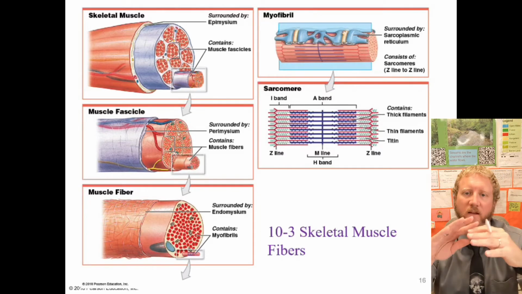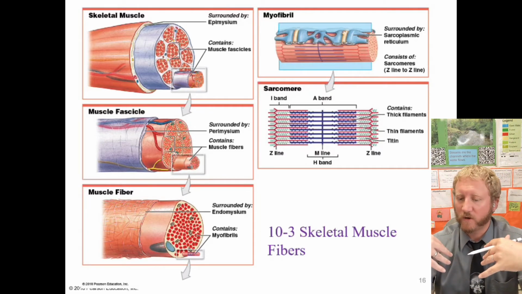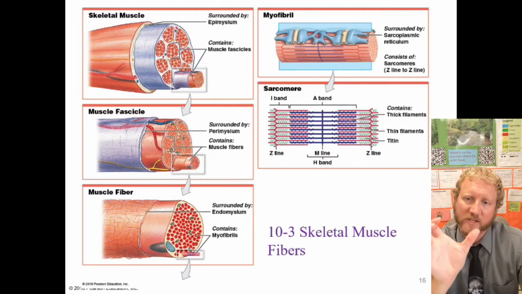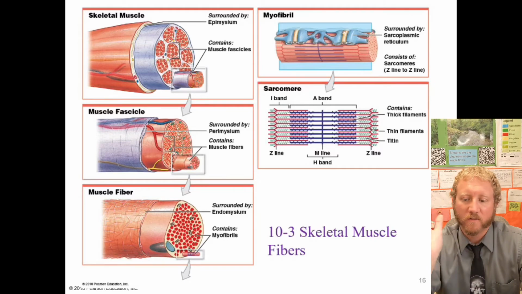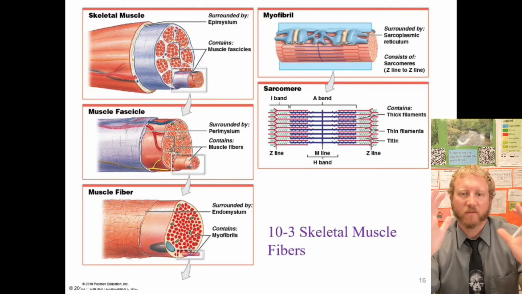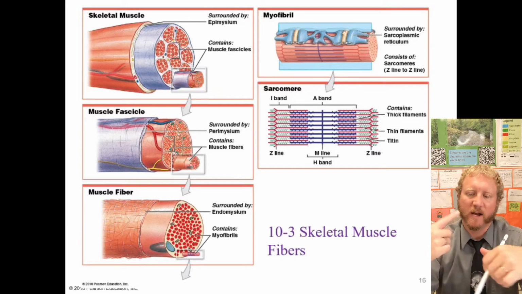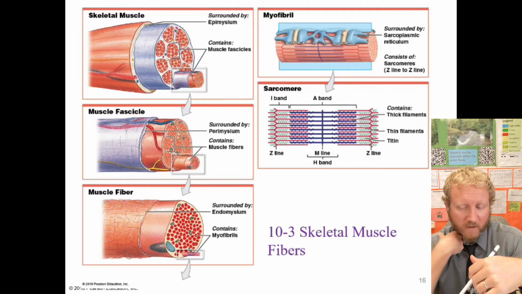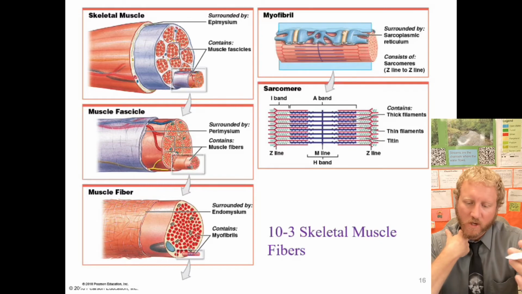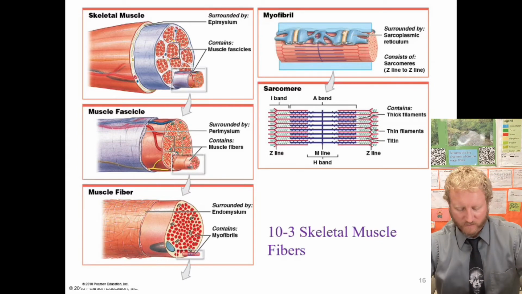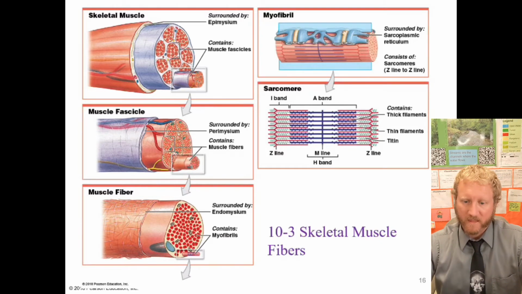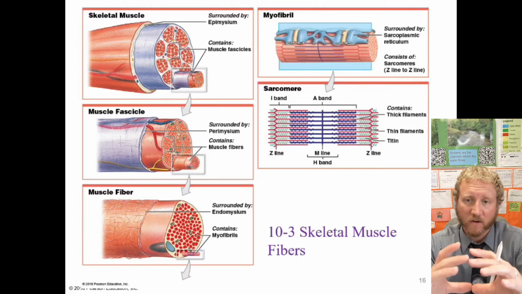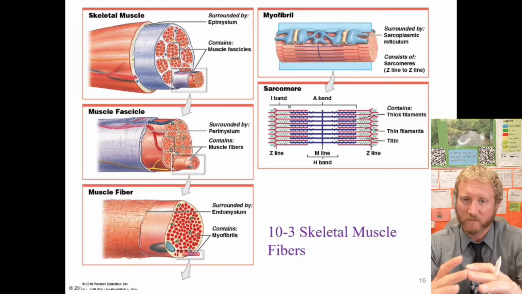This is kind of a recap of what I was talking about. You have your sarcomere, which is a section of your myofibril. You put a bunch of sarcomeres stacked together, you wrap them by a sarcoplasmic reticulum, and that is your myofibril. You get a bunch of myofibrils together, surrounded by the endomysium, and that's your muscle fiber.